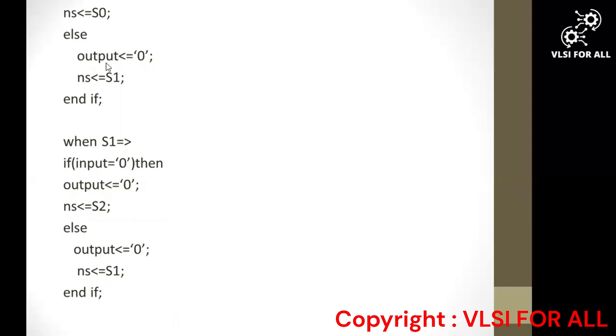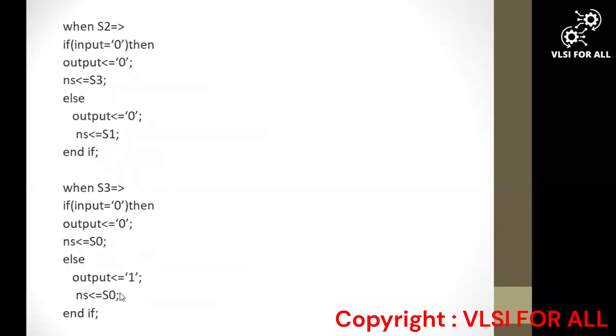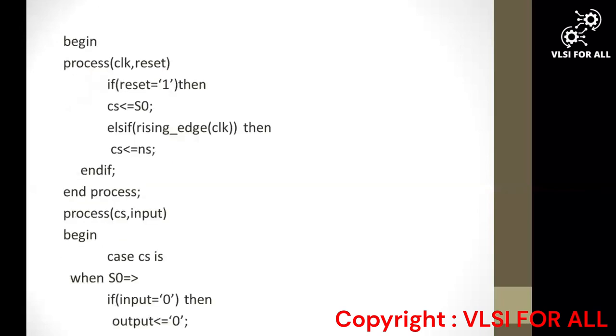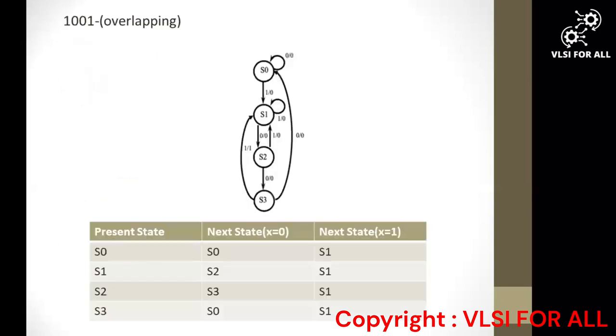Else the output is 0 and the next state is S1. When S1, if the input equal to 0, then output is 0 and next state is S2. Else output 0, next state S1. Then we will end the condition. Similarly for S2 and S3, we can write by seeing the table. After that, we will end the case statement, end the process statement, and end the behavioral architecture, sequentially, as we started them.